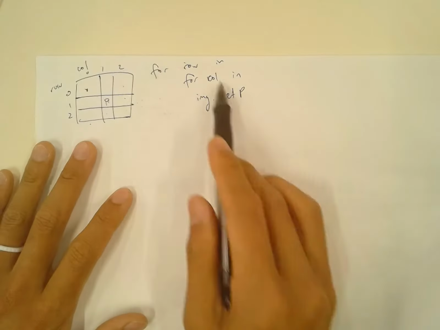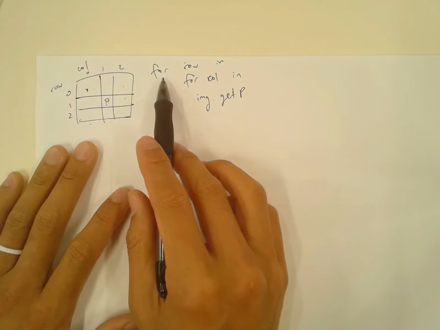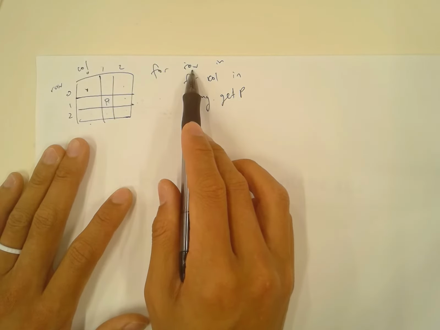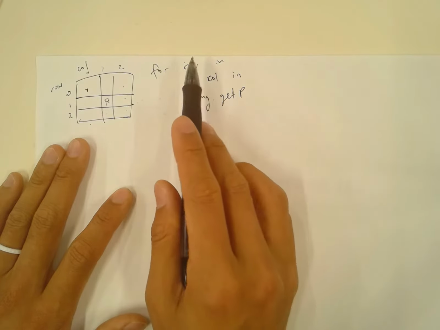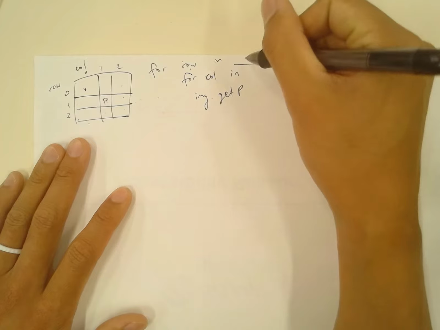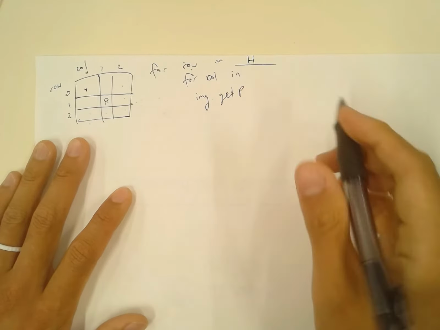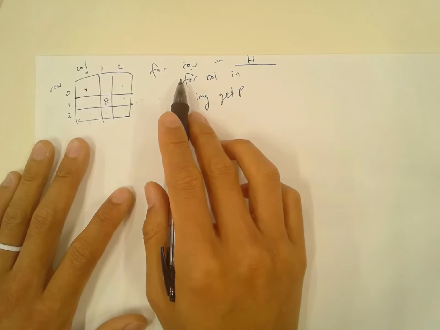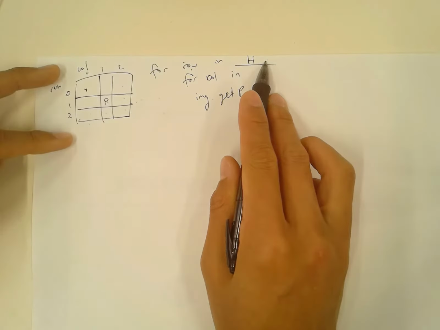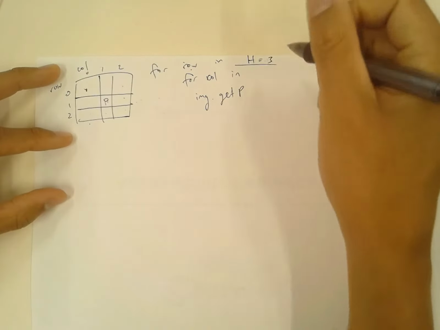And the way the for loop works is that the for loop creates a temporary variable called row, sets it equal to 0, and then checks if it's less than whatever number we have here, and the number we have here is going to be the height of the image. And then 0 is less than the height of this image, which is 3, so that's true.